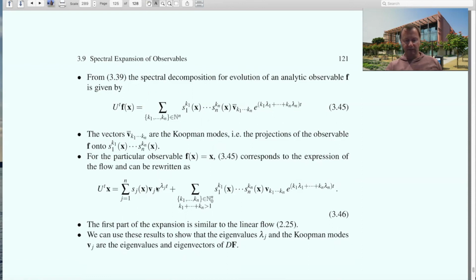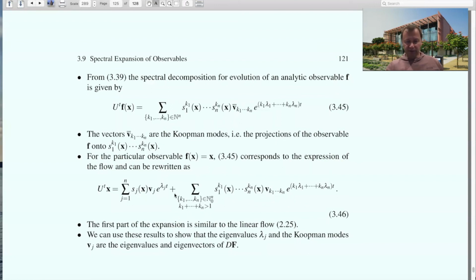utilized the fact that now we get eigenvectors as the first set of modes, the eigenvectors of the linearization, and then we have split up any of the higher contribution modes, higher in terms of the fact that they're combinations of these eigenvalues lambda j that are associated with the linearization.